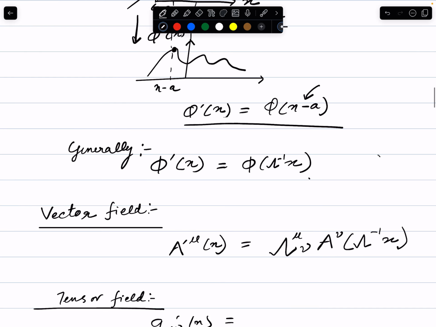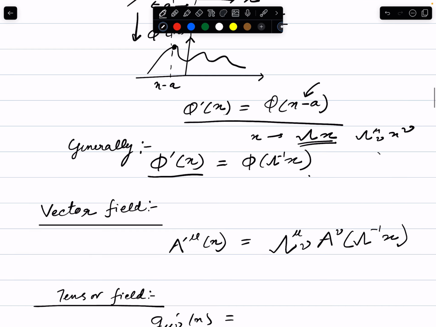Generally, if I have a transformation x goes to lambda x, which is a matrix multiplication, by this I mean lambda mu nu x nu, not writing fully, just writing in terms of a matrix multiplication, then phi prime of x is phi of lambda inverse x.